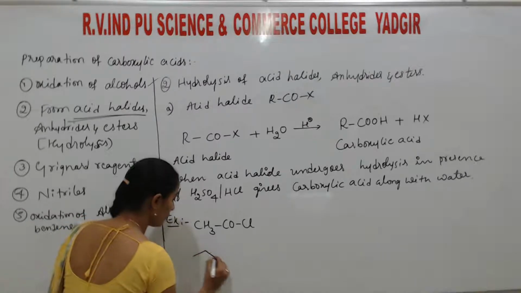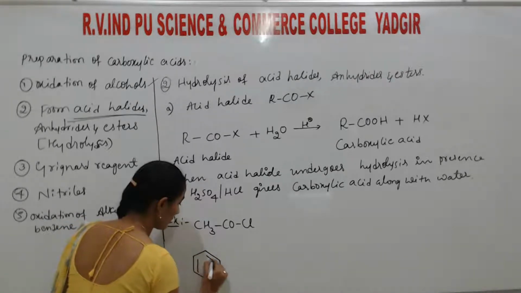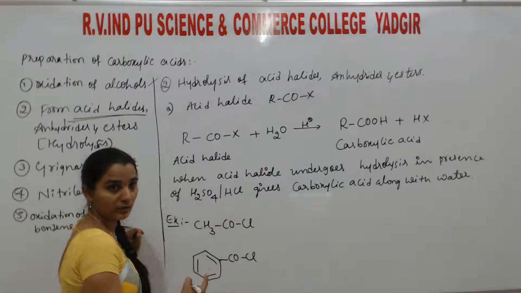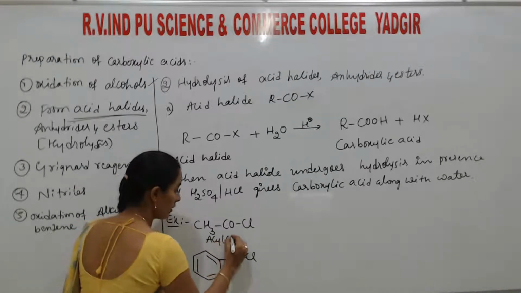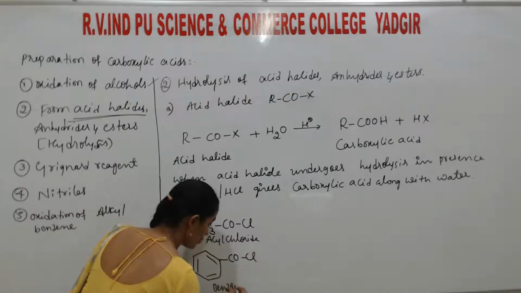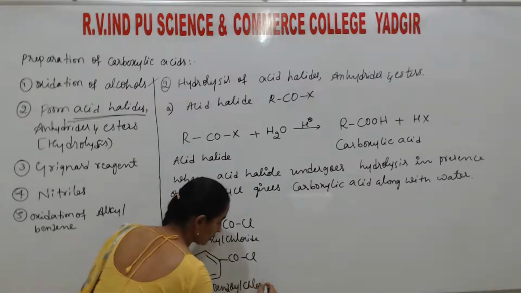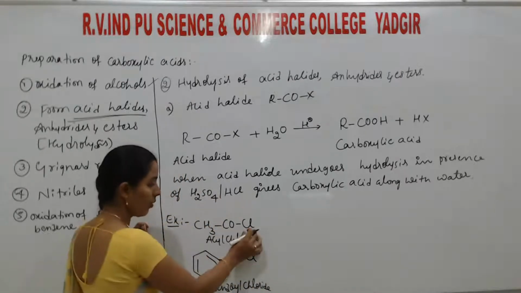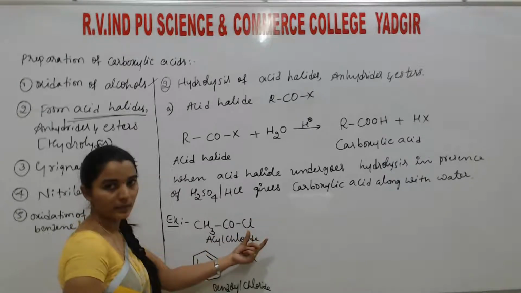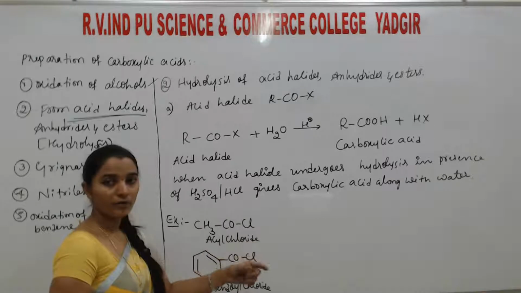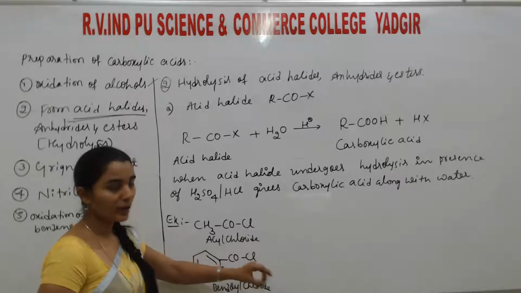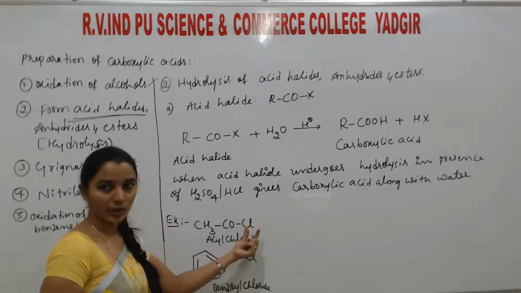Next, if you take this benzene ring, this is benzoyl chloride. Most of the chloride compounds are stable in this type of acid halides. Chlorides are highly stable compared to bromide, fluoride and iodide. Fluoride cannot be possible, bromide can be possible, iodide can be possible, but the most stable is chloride.